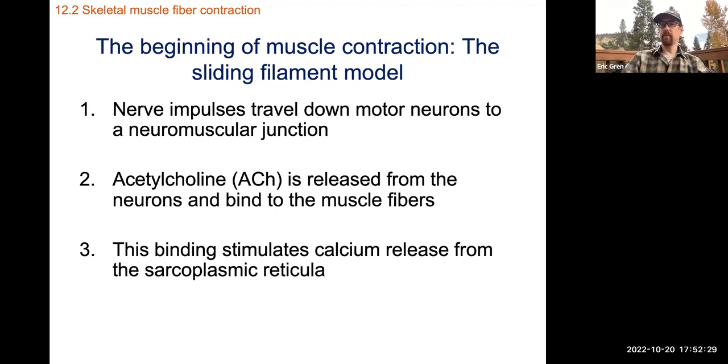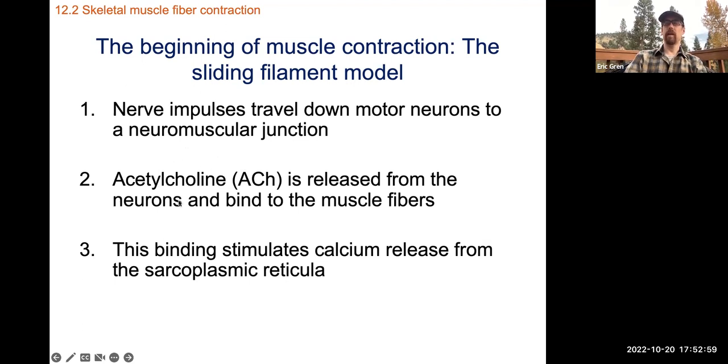And those synaptic vesicles are going to release what's called a neurotransmitter. A neurotransmitter is a signal molecule that diffuses across that synaptic gap, and then it binds to receptors on the muscle side.